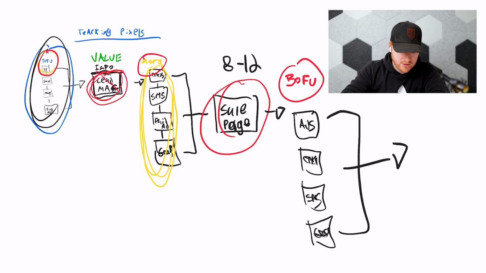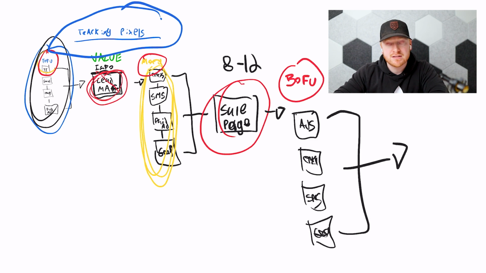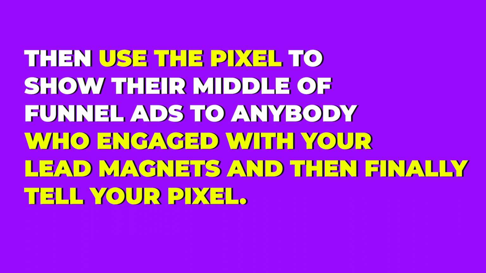And this is where your pixels are really important, because if you have your pixel installed, you can actually tell these platforms to show your top of funnel ads to anybody who's never engaged with you, they're interested in what you're selling, etc. Then use the pixel to show your middle of funnel ads to anybody who engaged with your lead magnets.